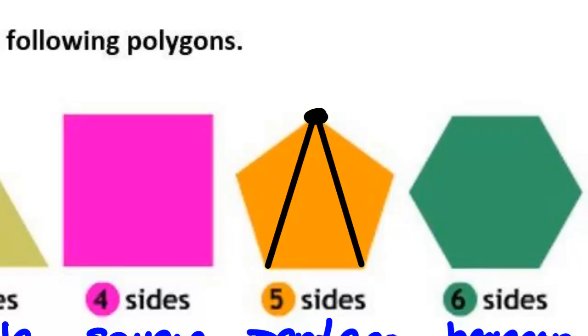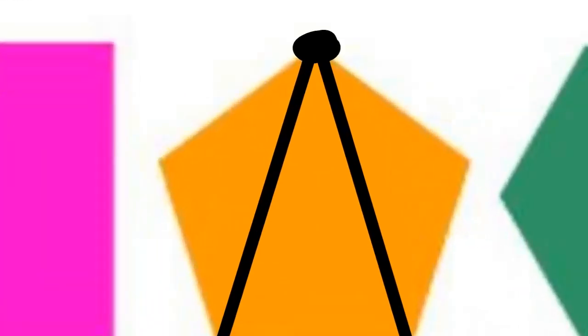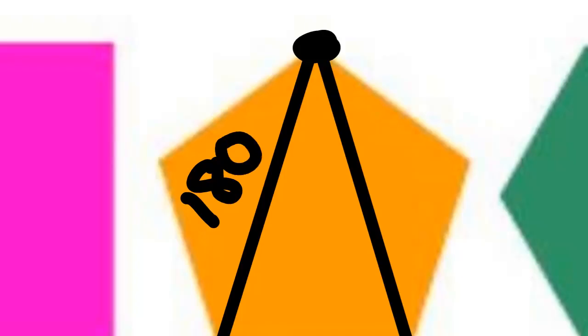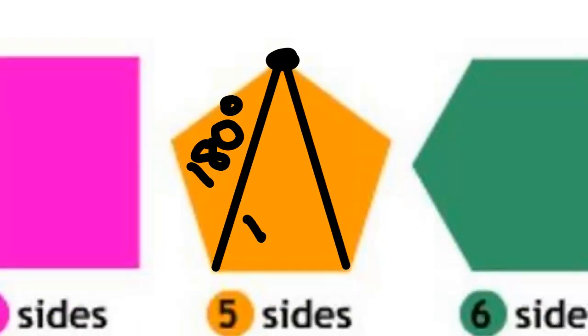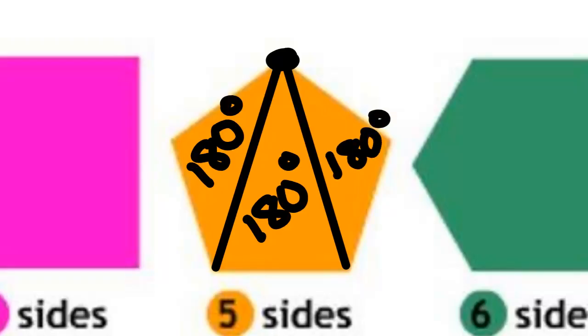3. And each one of those angles in a triangle always add up to how much? 180. So this triangle has angle measures of 180. This triangle has angle measures of 180. This triangle has angle measures of 180. So to figure out the sum of all of the interior angles in this pentagon, we can do the number of triangles.